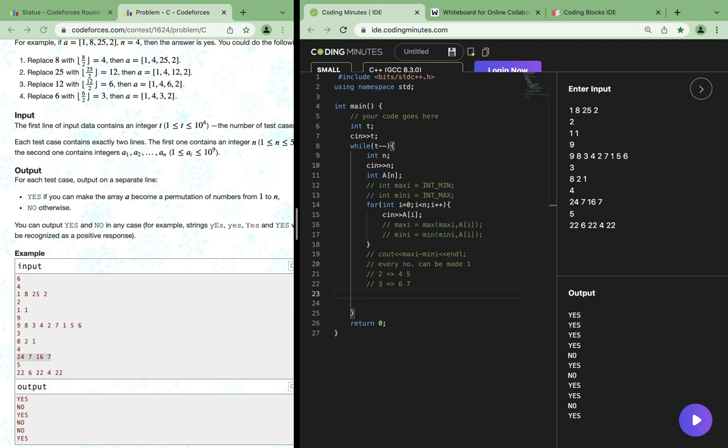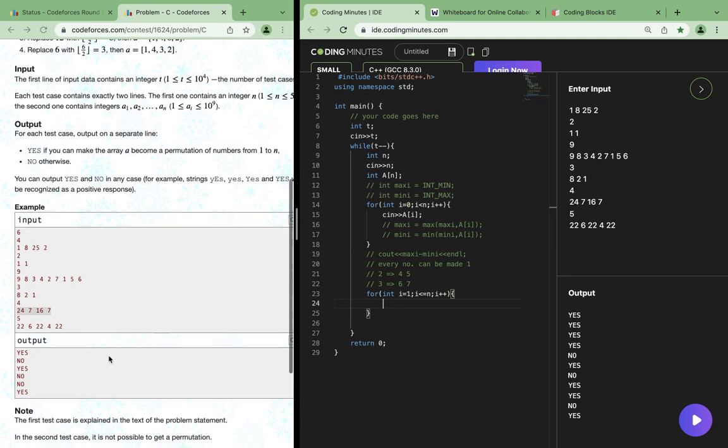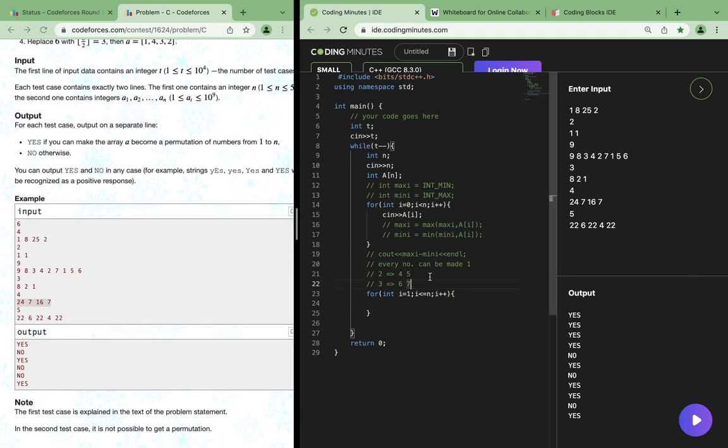So for int i equals 1, i less than equals n, i plus plus, then what? Maybe sort these numbers, sort a comma a plus n, then what?